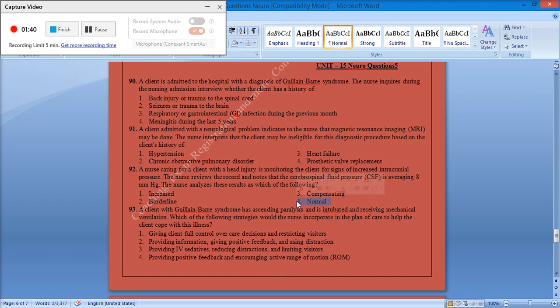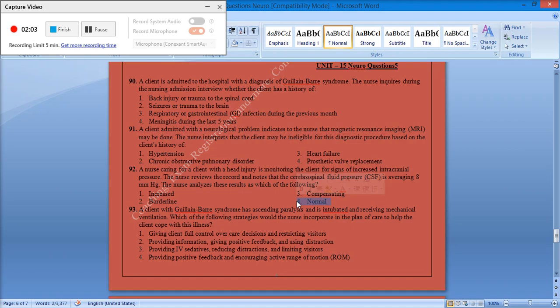93. A client with Guillain-Barré syndrome has ascending paralysis and is intubated and receiving mechanical ventilation. Which of the following strategies would the nurse include in the plan of care to help the client cope with this illness? 1. Giving client full control over care decisions and restricting visiting. 2.